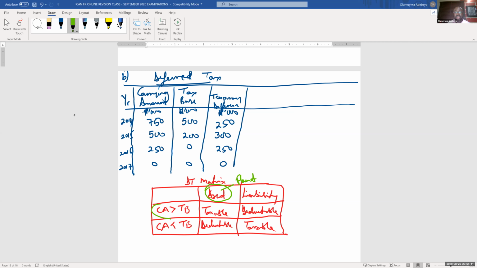Now, what is the result we have where the carrying amount of an asset is greater than the tax base? Taxable. Which means in this case, simply put, this temporary difference is taxable. Therefore, what is our tax rate?